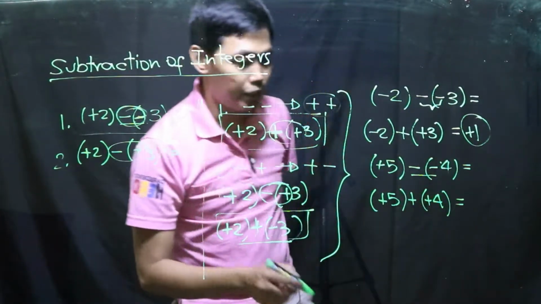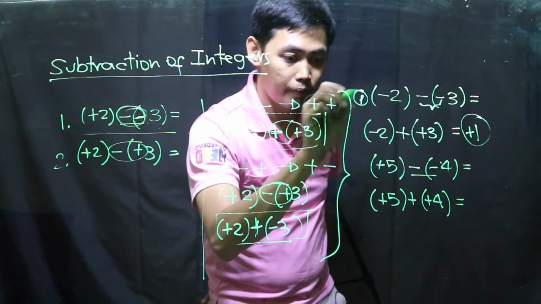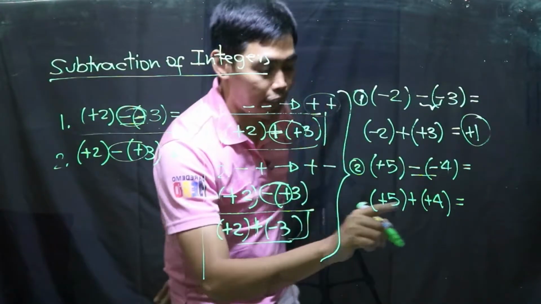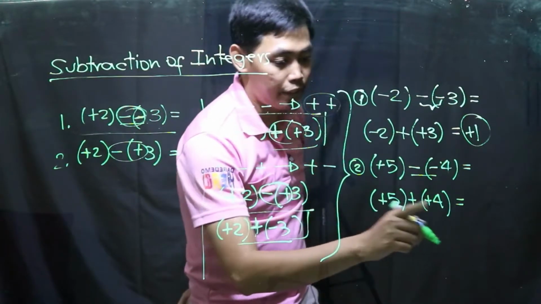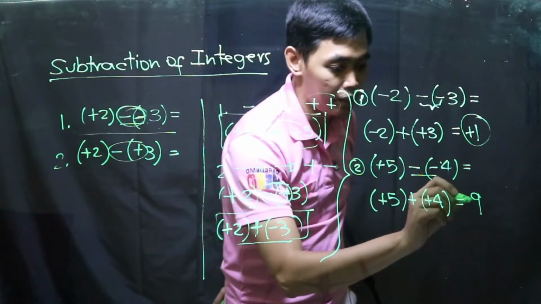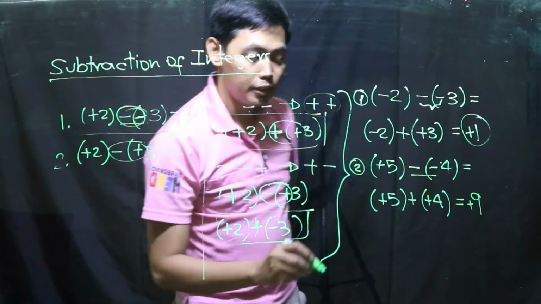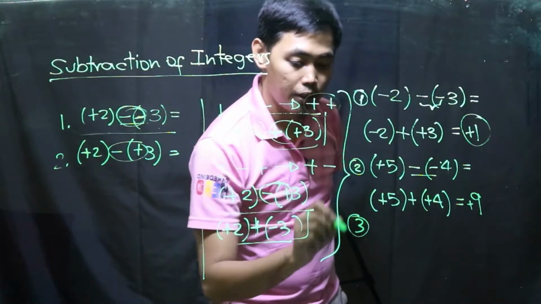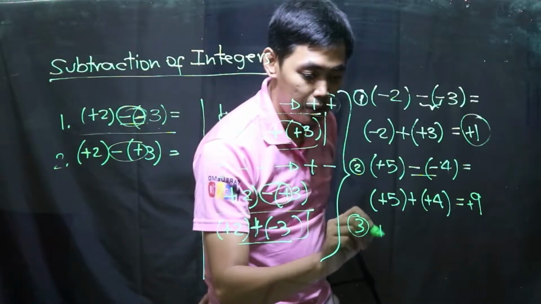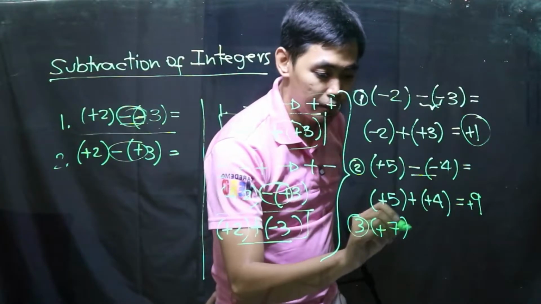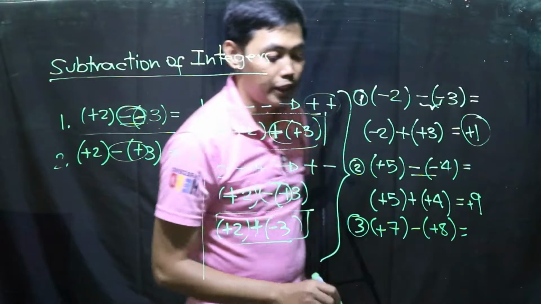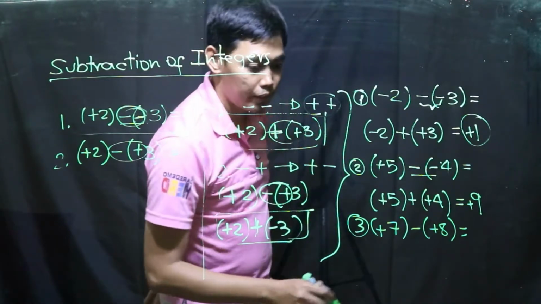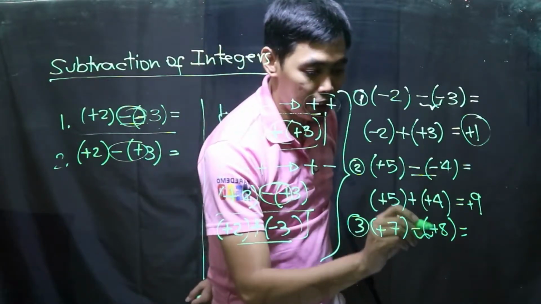And then, what's the answer? So, it has the same sign, and by the rules of addition, we will need to add. So, 5 plus 4, 9, and then we'll use the sign. So, number 3. How about positive 7 minus positive 8? What's the answer? Okay, so look for the signs.